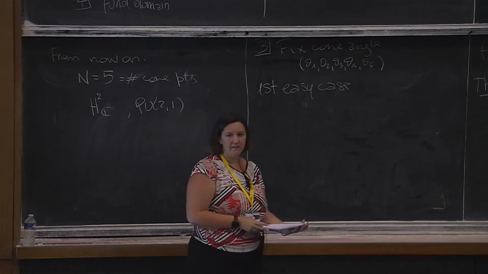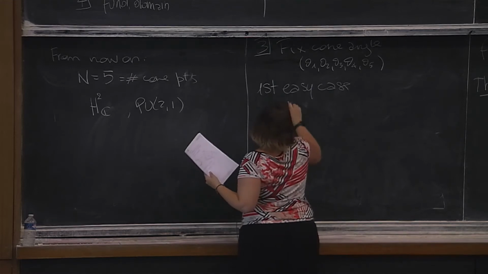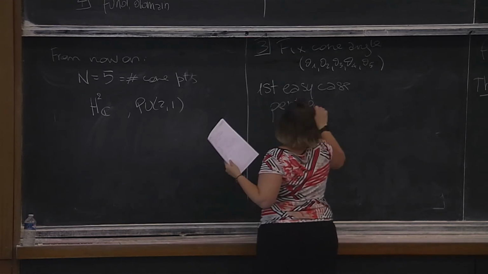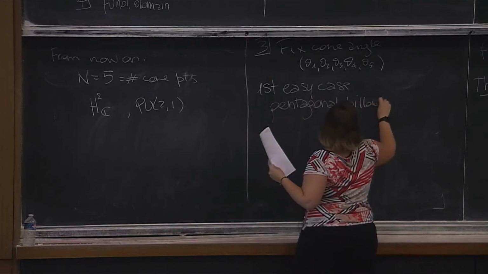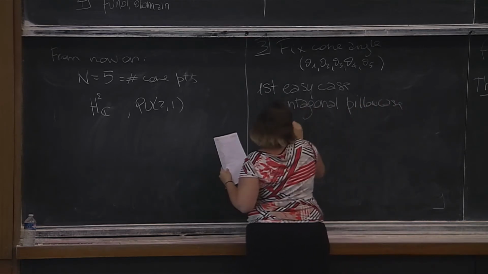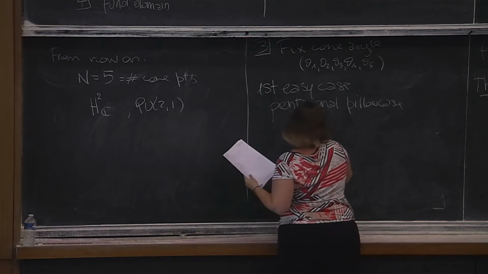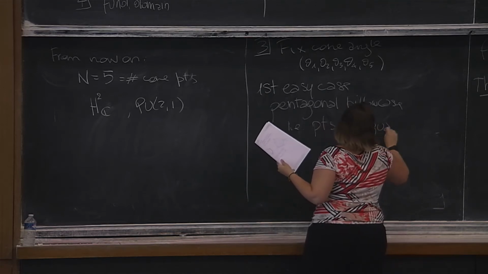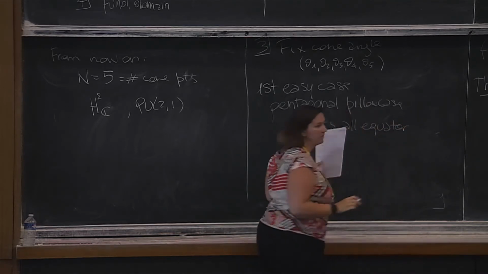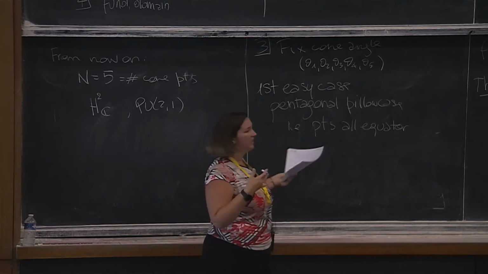I'm just describing a small amount, when we have a pentagonal pillowcase, which means that the points are all on the equator of the sphere.